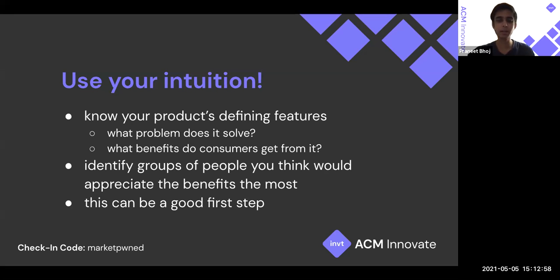A common example of features versus benefits comes from the first iPod. One of the features of the first iPod was, I think, one gigabyte of MP3 file storage. That's not much by today's standards, but the way Apple advertised it at the time was by phrasing it in terms of the benefit that it brought to the consumer: that the consumer could store up to around 1,000 songs on their iPod.